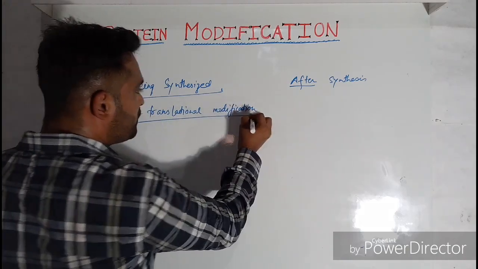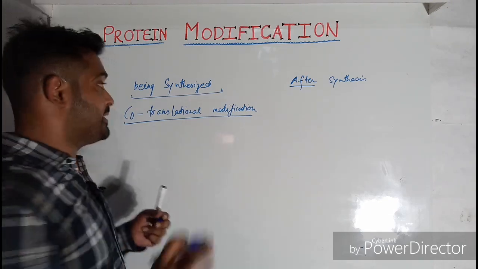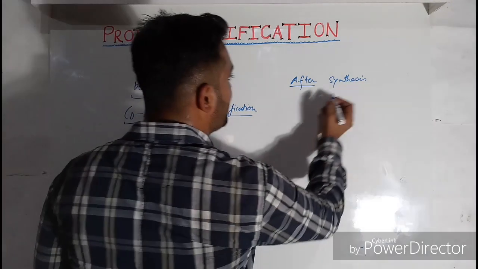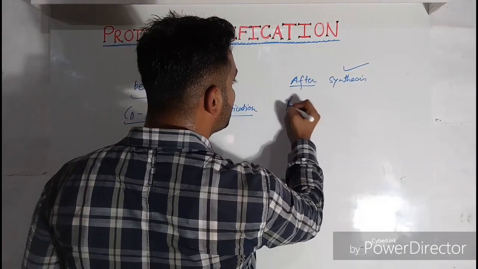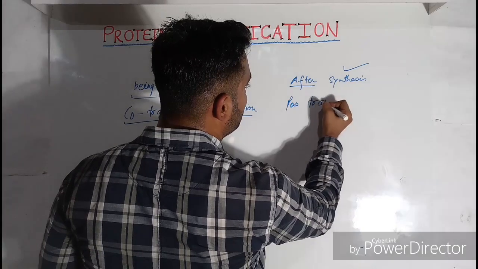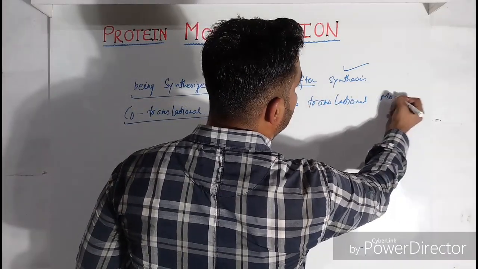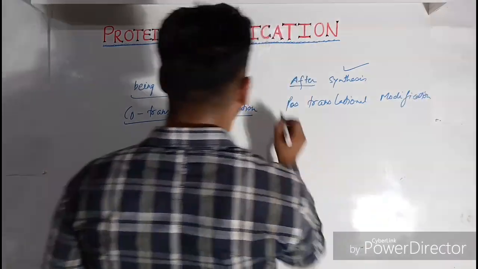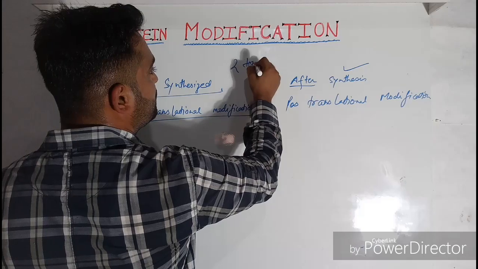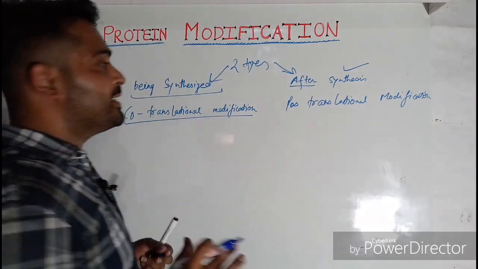Modification and translation are occurring simultaneously, and on the other hand, after synthesis means post-translational modification. So we can say there are two types of modification: before and after the protein is synthesized.